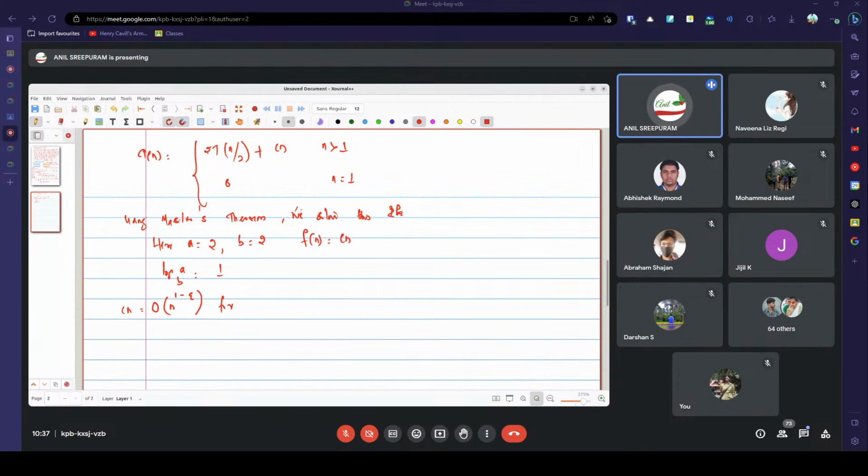That is not happening because Cn does not have an upper bound like n power 0.99 or n power 0.98. Cn will have an upper bound like n power 1.1. So for any epsilon greater than 0, Cn is not n power 1 minus epsilon. That implies case 1 does not apply.